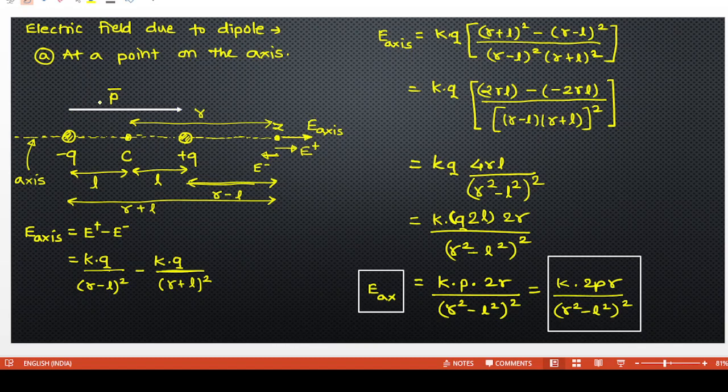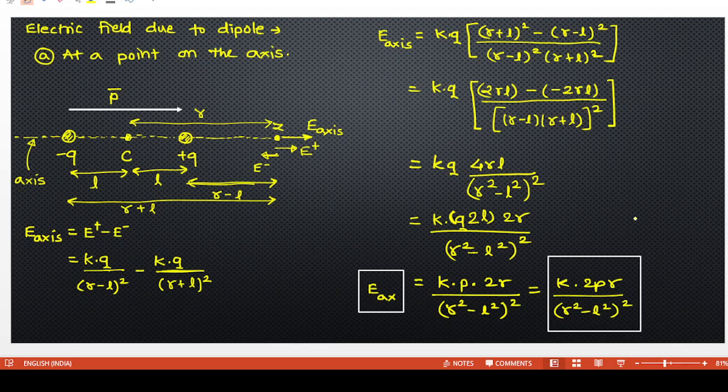You can check the direction of dipole moment and the direction of electric field at a point on the axis. Both are identical, so you can convert this relation into vector form. The direction of electric field E bar is exactly the same as P bar, so you can convert P into P bar and E into E bar, because both of them have the same directions.